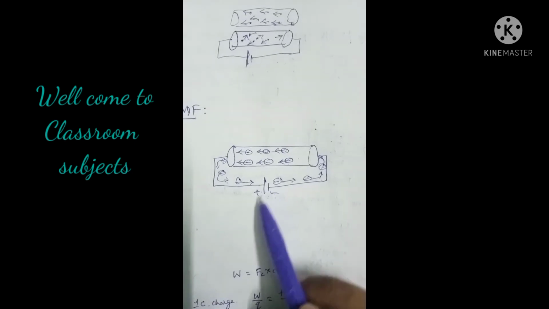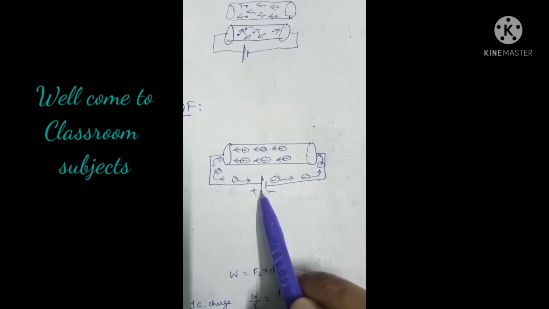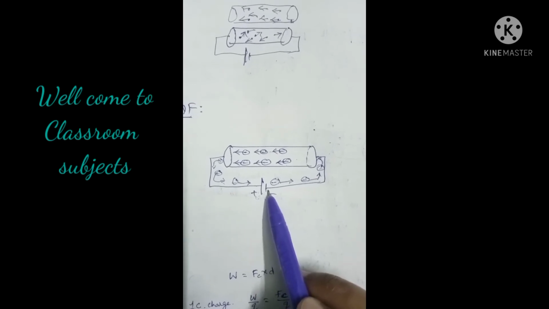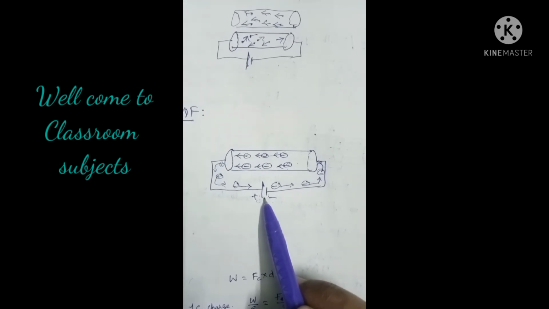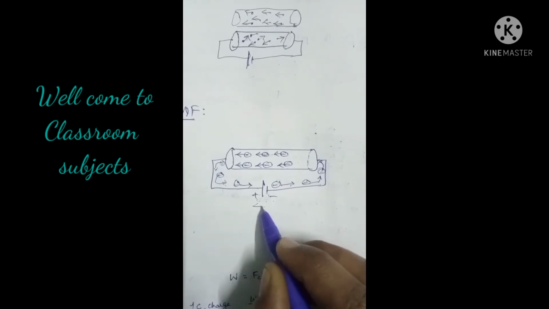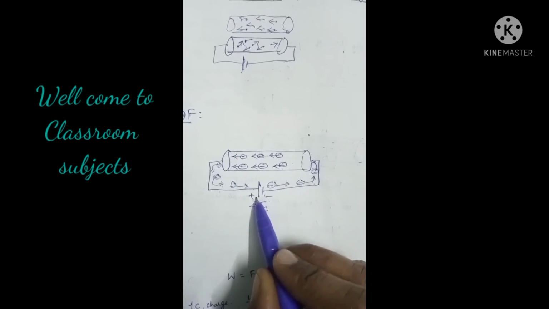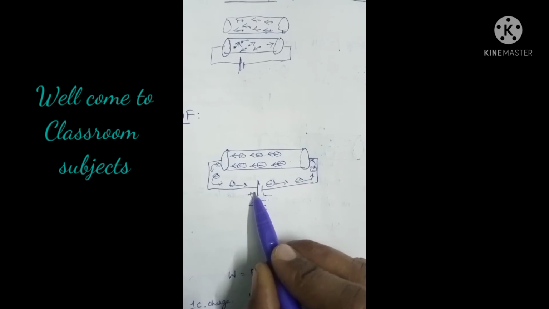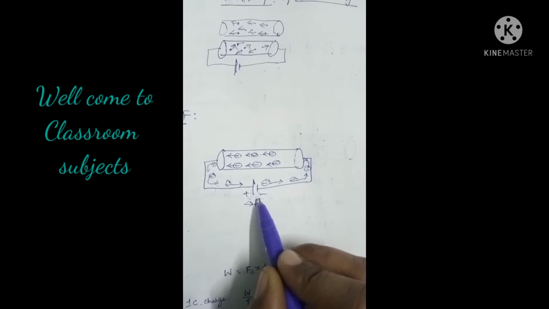So at this time, the same amount of negative ions present at the positive terminal will move from the positive terminal to the negative terminal of the battery by chemical force acting on them, against the electrical force.